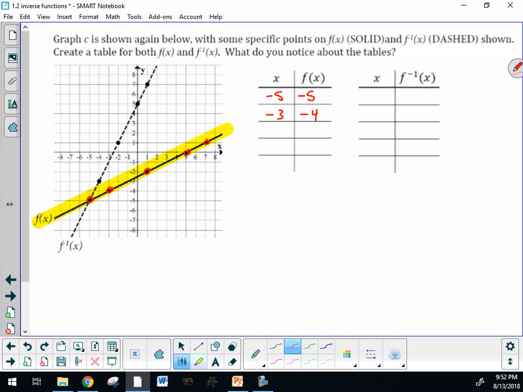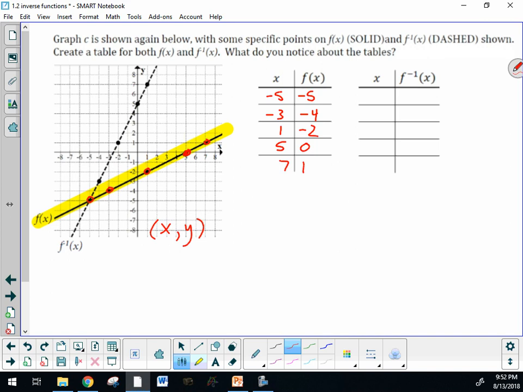So remember, when you're writing a point, it's the x value and then the y value. This one would be 1, -2. This point right here is the point 5, 0, and the last point is the point 7, 1. So that's a table of that function f.